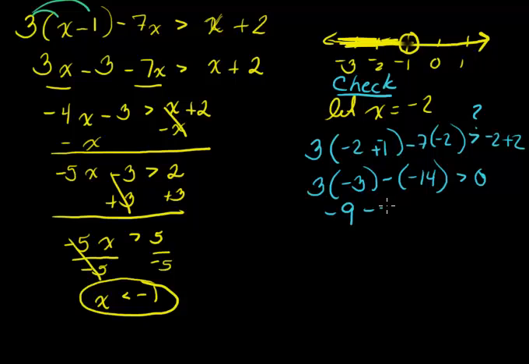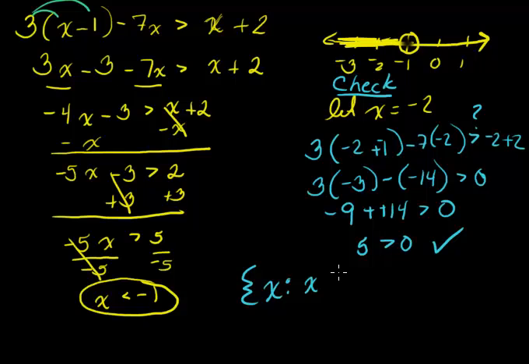Minus, we'll just bring all this down, greater than 0. Use same change here. Negative 9 plus 14 is 5. 5 is greater than 0. So that checks out. So our answer here would be x is the set of numbers that is less than negative 1.